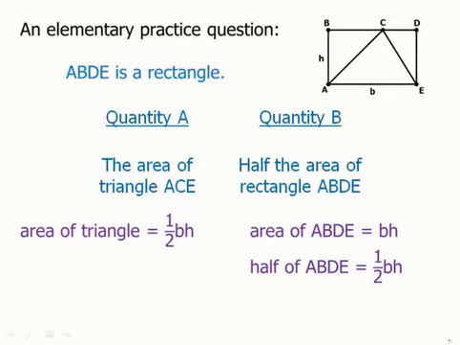Another way to see this visually, incidentally, is if we imagine splitting it in half, well, that area is equal to that area, and that area is equal to that area. And so it looks like the triangle is exactly half the area of the rectangle. You might do it visually or you might do it with formulas. Either way is fine, but either way it turns out that the answer is C.